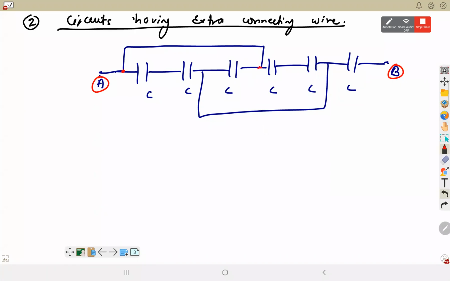So if this is A, this will also become A only because they are at the same potential. B is not connected to anywhere, so that will not be B. This becomes 1, suppose, then the left side will also become 1 because they are both connected by wires.